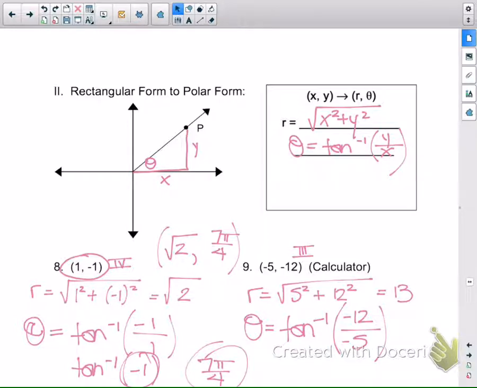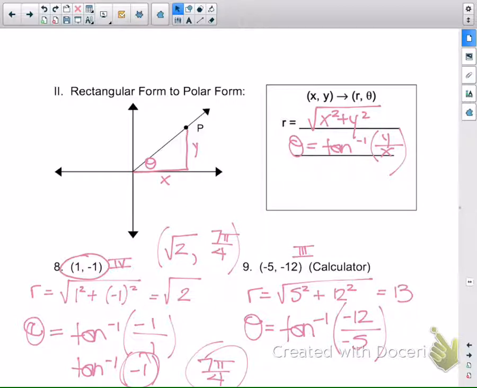When I do the inverse tangent in my calculator for this one, because clearly we should know there is no 12 over 5 in our chart, your calculator needs to be in what mode? Radians, because that's what our angles are in. So, inverse tangent of -12 over -5.